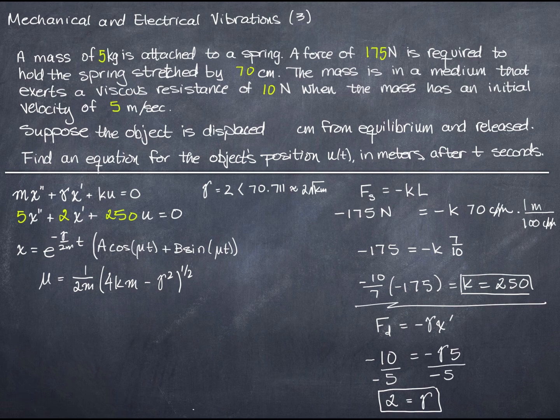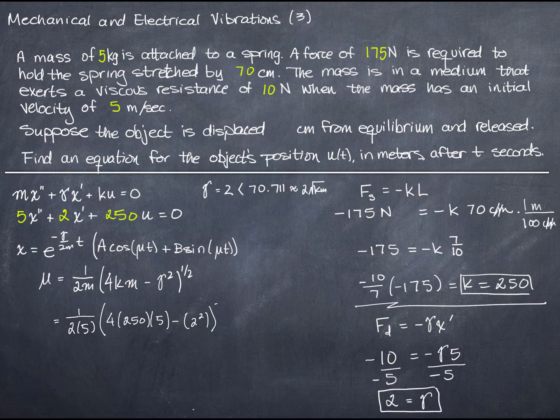All right, so now let's figure out what goes in here and here and here, and that'll tell us what mu is. In our case, mu is going to be equal to 1 over 2 times m, where m is 5, times the square root of 4 times k, which is 250, times m, minus gamma, which is 2, squared.